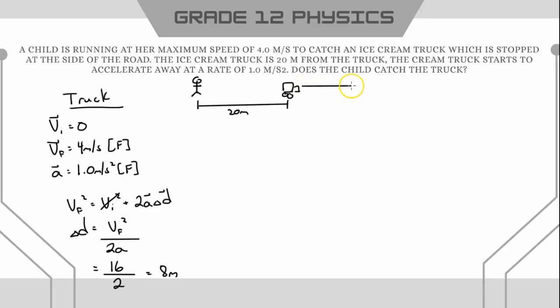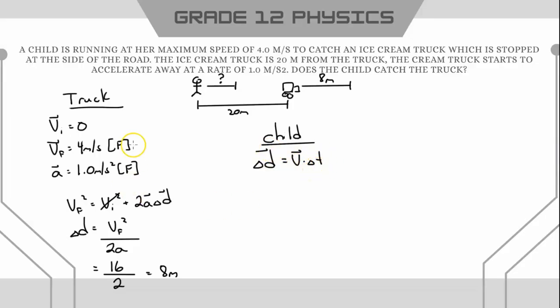So when the truck moves 8 meters, where is the child? So let's check that one. So the displacement for a child, since it's not accelerating, is just velocity times time. We know its velocity, but what's the time?